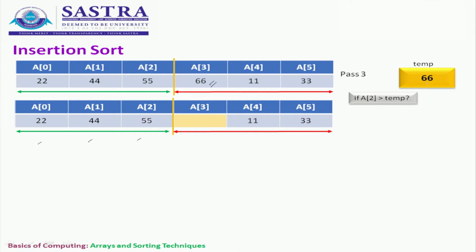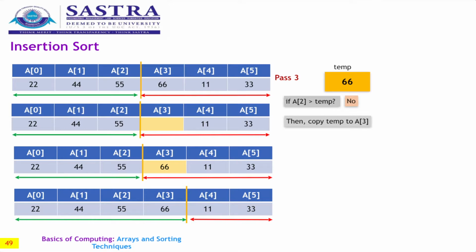So your temp is 66, your a of 2 is 55. So temp is actually greater. So you need not do any change. Simply go and check for any more elements available on the left hand side. Is there any more element on the left hand side?